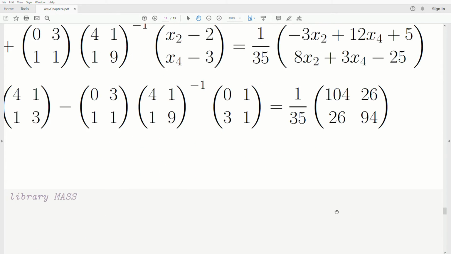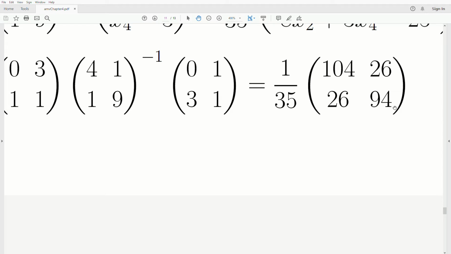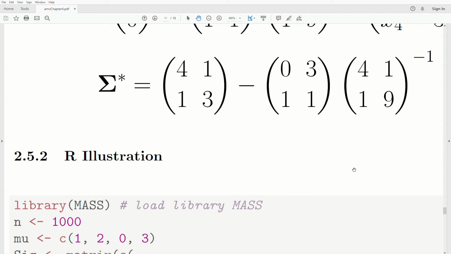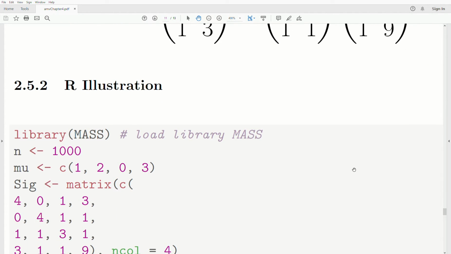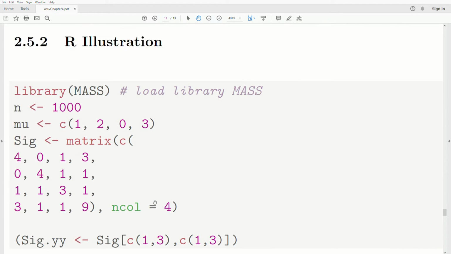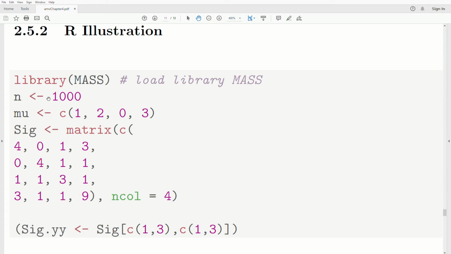So let me expand it. Remember this, 104, 26, 94. So we're going to use the MASS library, and technically we don't have to, so I don't know why I load it. I'll take that out next time. So n is 1,000.